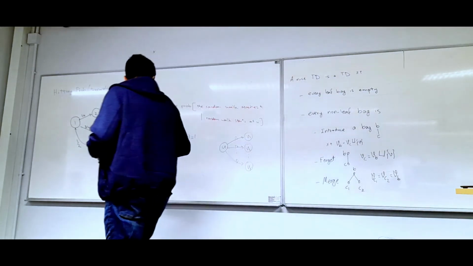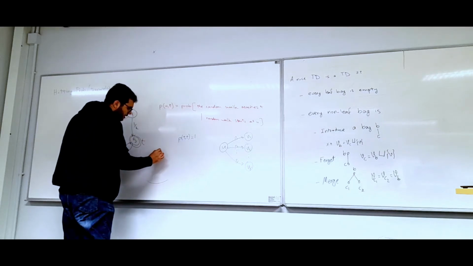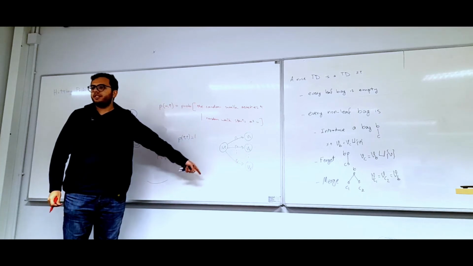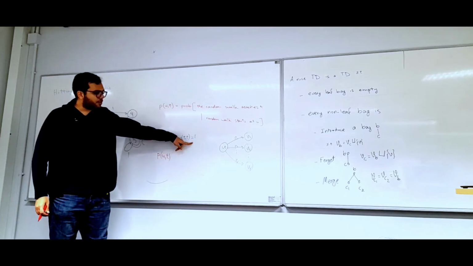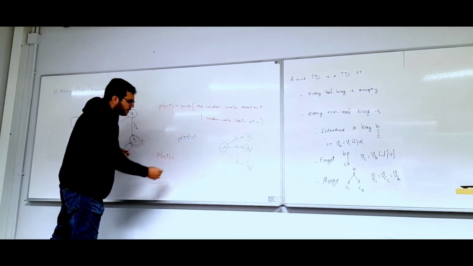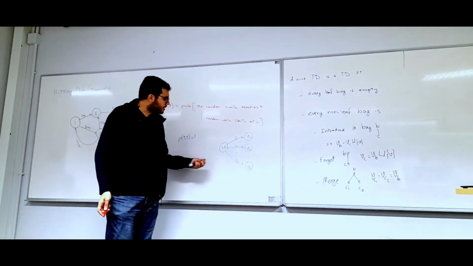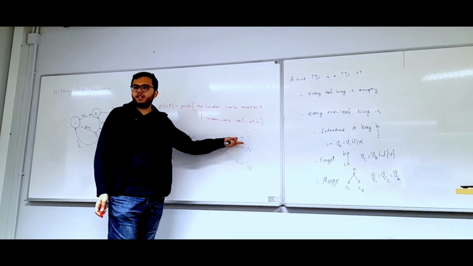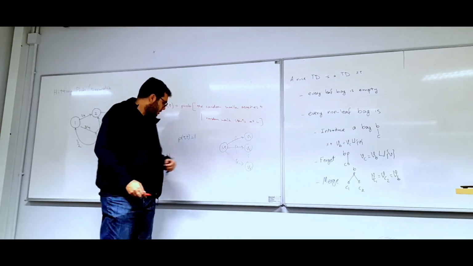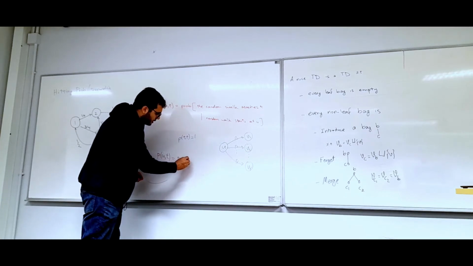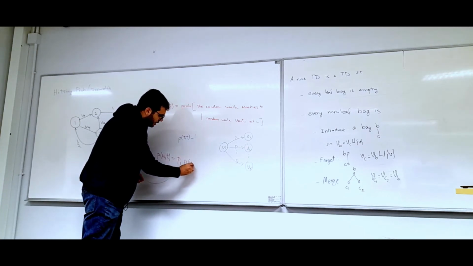What can I say about the probability of going from u to the target? And let's just assume that u is not the target. Right? Because if u is the target, I already have it. Okay. So just look at what happens in the first step of the path. I start at u with probability p1, I go to v1. And then from there, the probability of reaching the target is just P of v1,t.